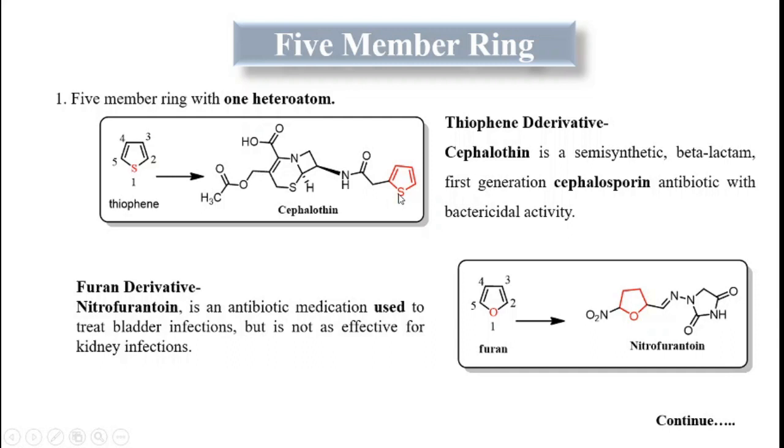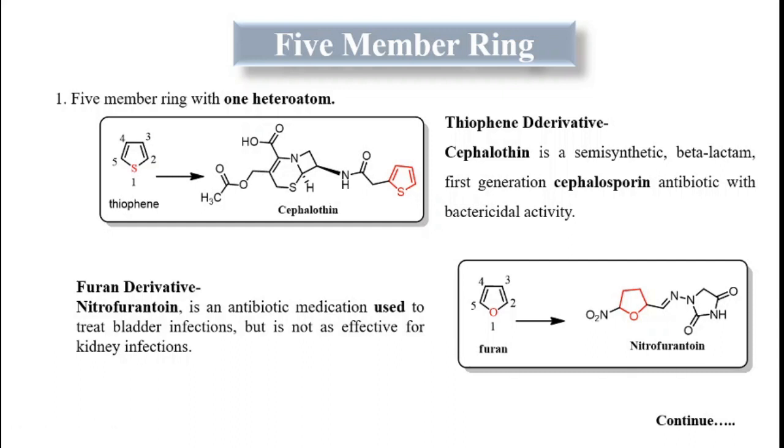According to the nomenclature and numbering, we give the number like 1 2 3 4 5, and 2 here because the substitution starts from here and only a single substitution is present. That's why the numbering always starts from the heteroatom as 1 and then 2 3 4 5.